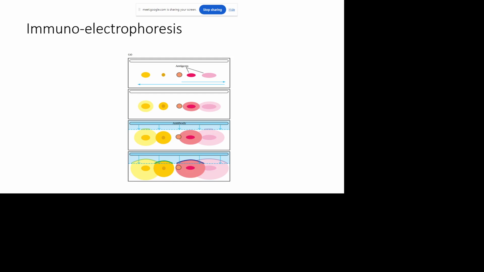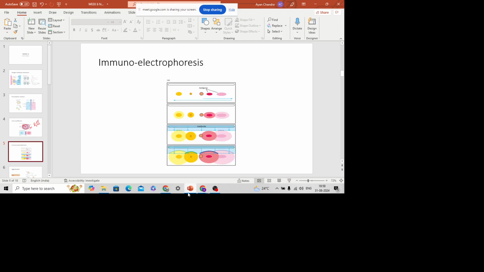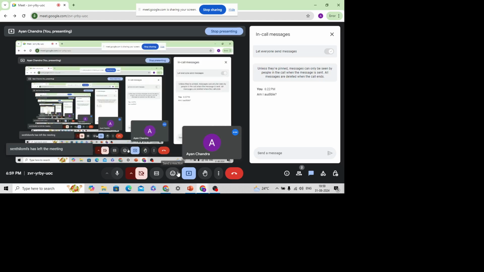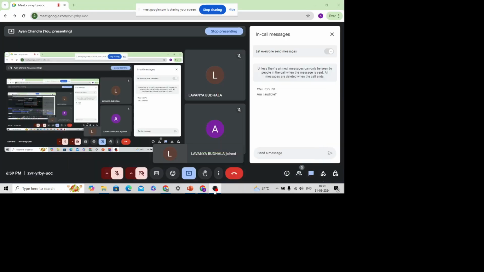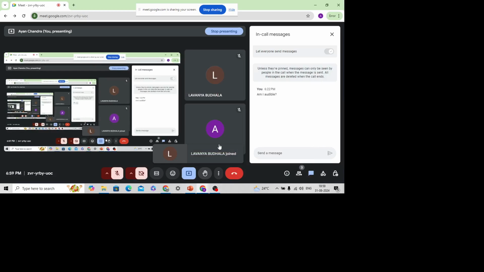Any doubt here? Any doubt in electrophoresis?